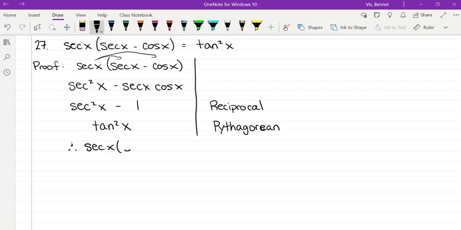Secant times quantity secant minus cosine is equivalent to tangent squared. Quod erat demonstrandum. That's what I wanted to show.